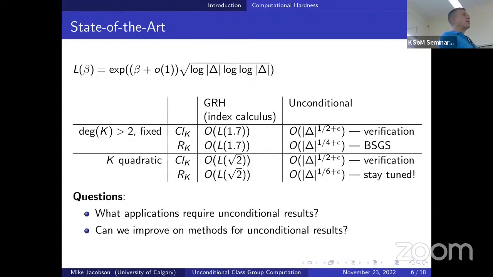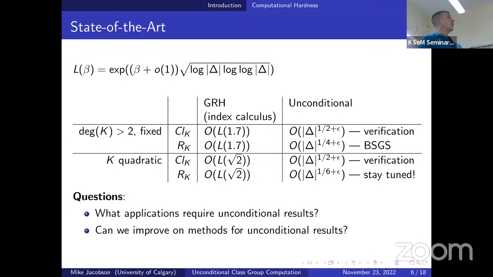If all you want to get is the regulator, though, you can do a little bit better. So Johannes Buchmann in the late 80s showed that you can compute the regulator unconditionally using a generalization of Shanks' baby-step giant-step method, taking time about the square root of the expected size of the regulator.